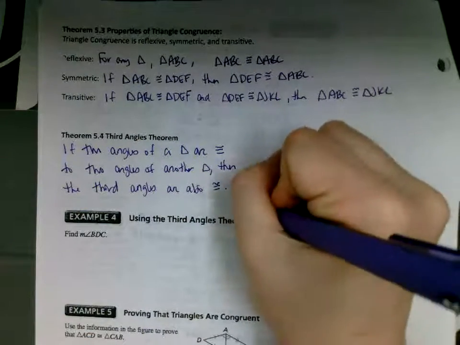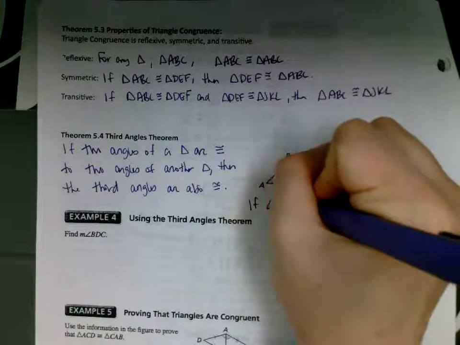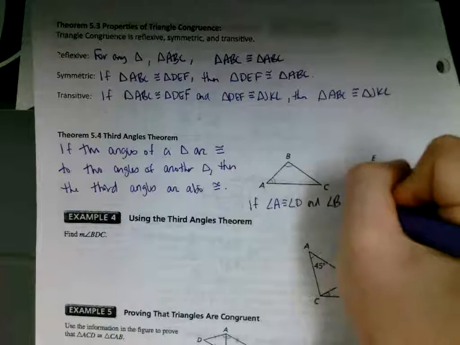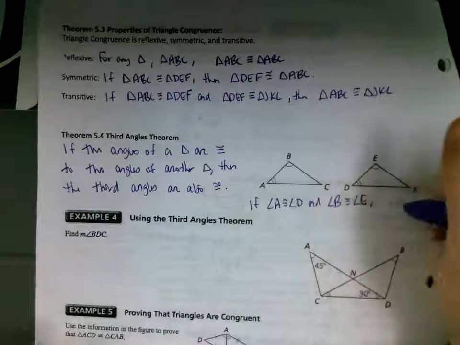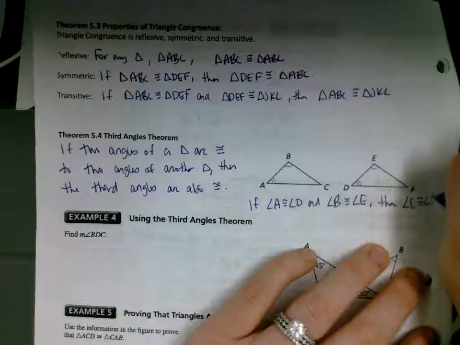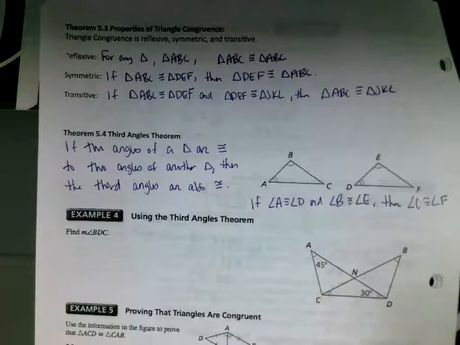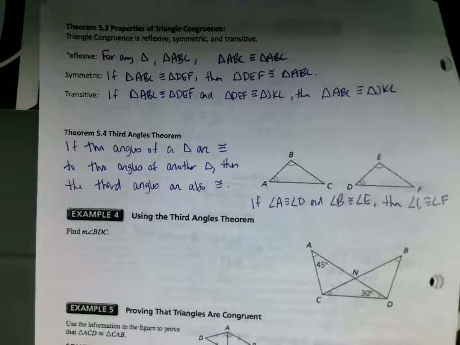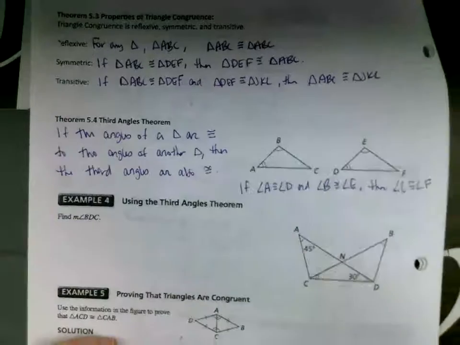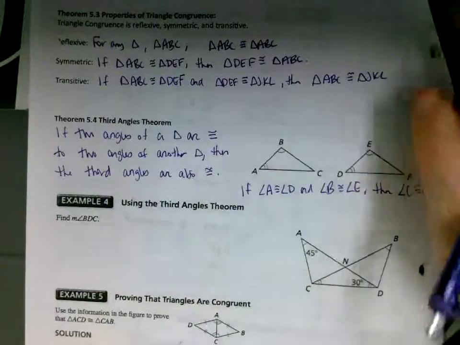So over here we have if angle A is congruent to angle D and angle B is congruent to angle E, then you know that angle C also has to be equal to angle F. Again, because they both add up to be 180. If the other two are the exact same, then the last one also has to be the same for them to be equal to each other and add up properly to that 180.